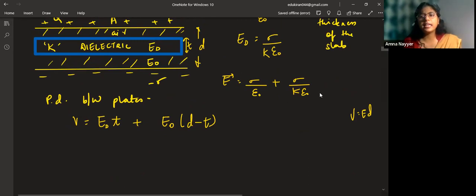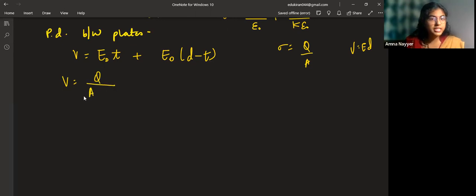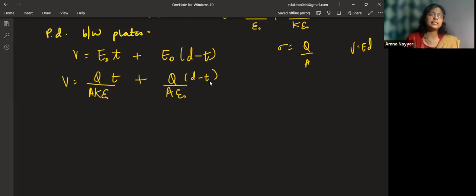Now see, again sigma is equal to Q by A only we'll use, because without Q getting into our derivation, the final answer won't come, because capacitance already involves charge. So electric field due to the dielectric slab is sigma by K epsilon naught, that is Q by A K epsilon naught, multiplied by thickness T, plus this is just sigma, Q by A, divided by epsilon naught, multiplied by D minus T. This is the formula.